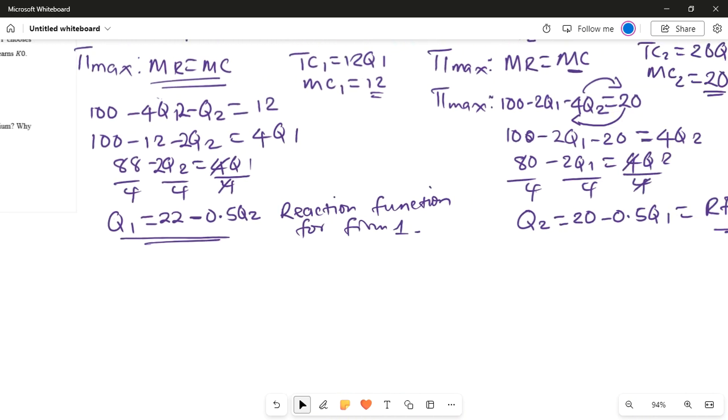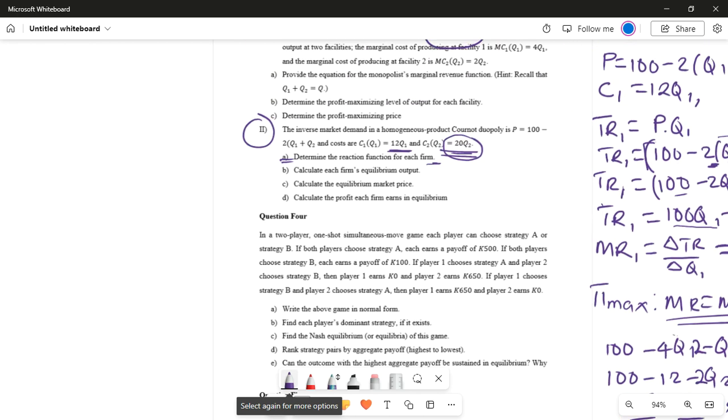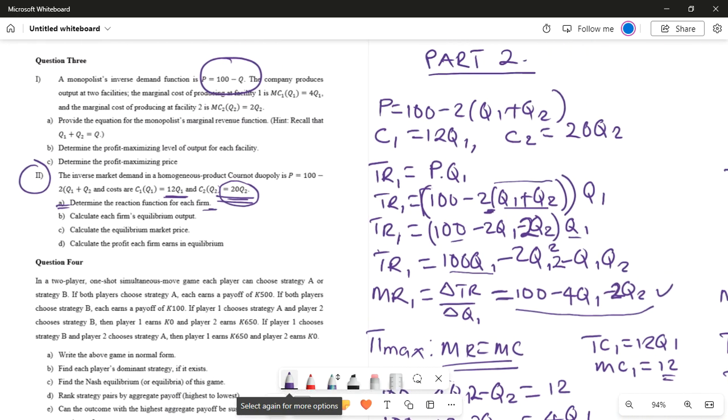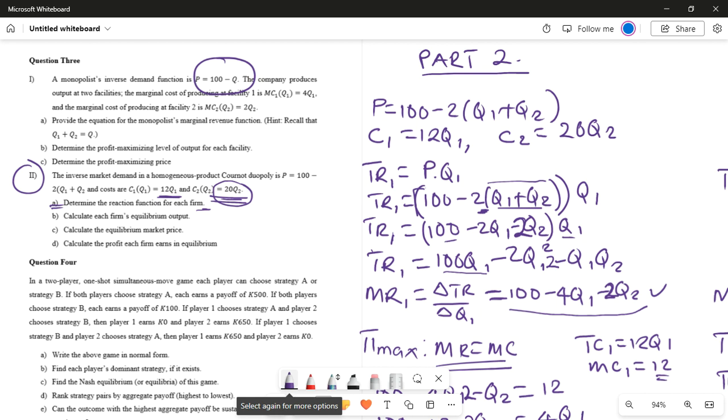So we have the reaction function for Firm number 1, and we also have the reaction function for Firm number 2, right? Next is to deal with the next part, which is saying calculate each firm's equilibrium output.